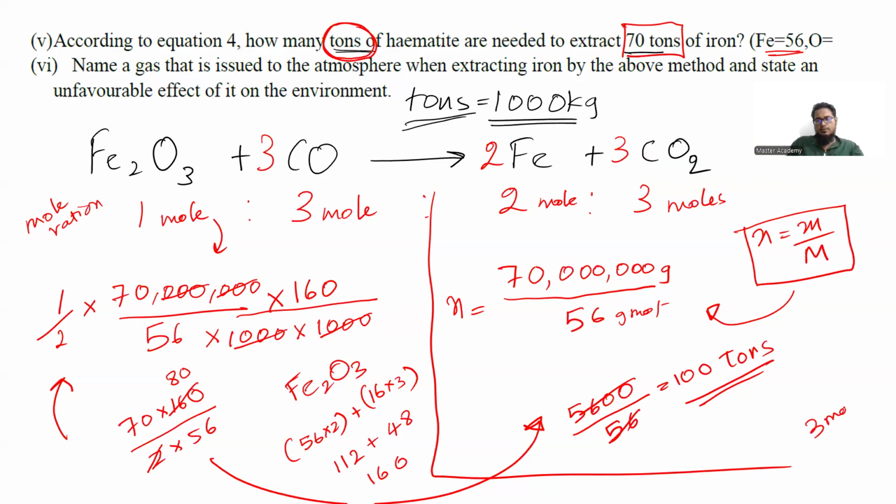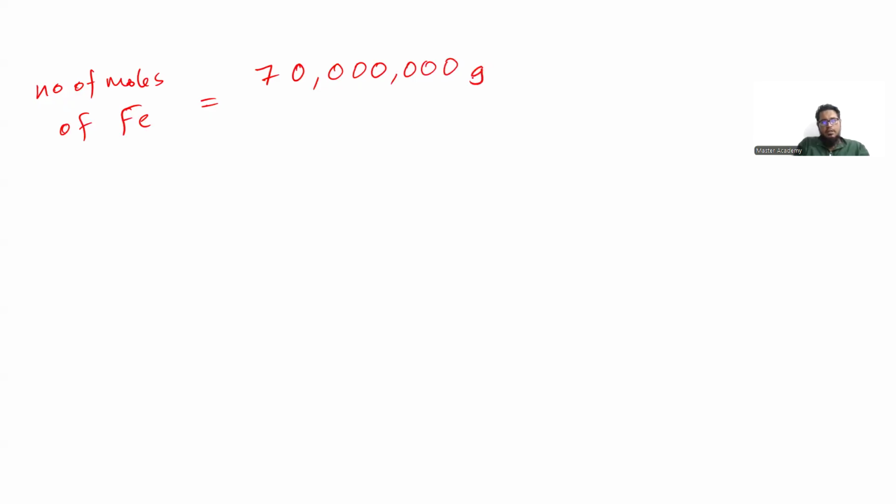So for this, you will get 3 marks for finding the number of moles, step by step we have to do now. So if I am giving it step by step for the students who are new, students who don't know these lessons, number of moles of Fe equals 70 million grams divided by 56 grams per mole.